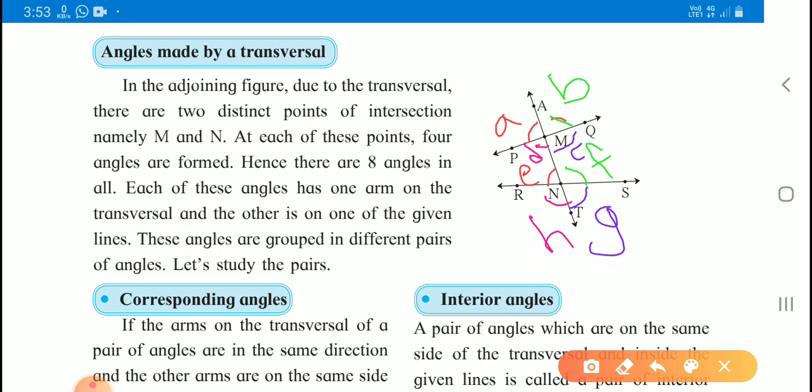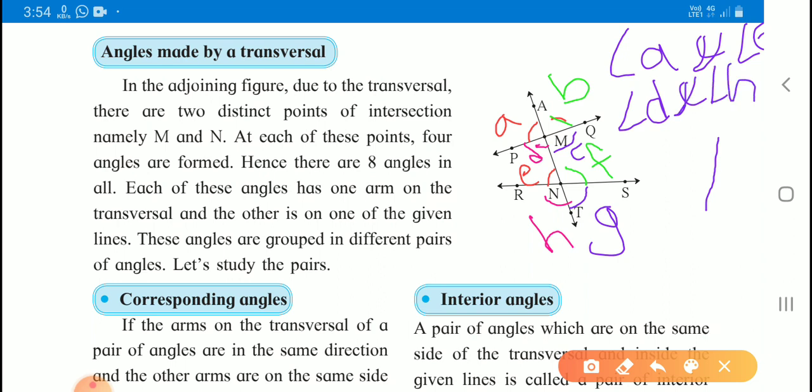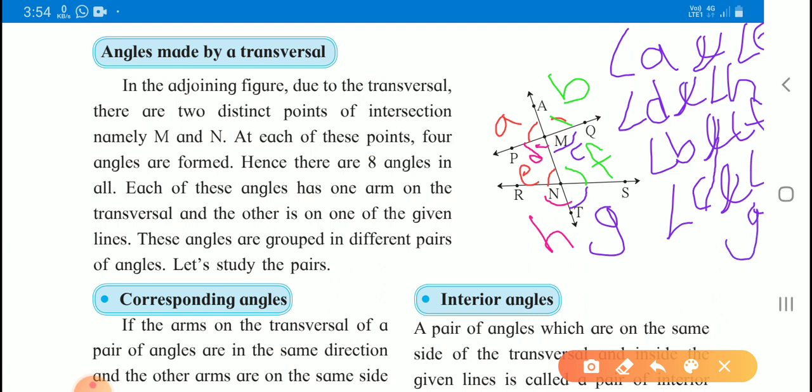These are angle A and angle E. Then angle D and angle H. After that angle B and angle F. Then angle C and angle G. Okay, these are known as the corresponding angles or pairs of corresponding angles.